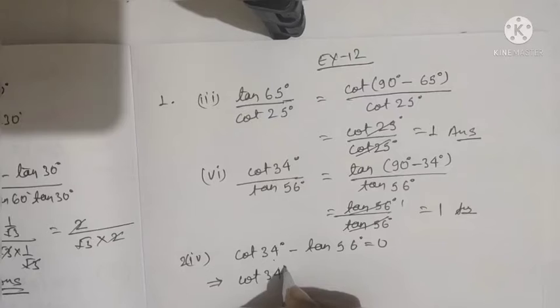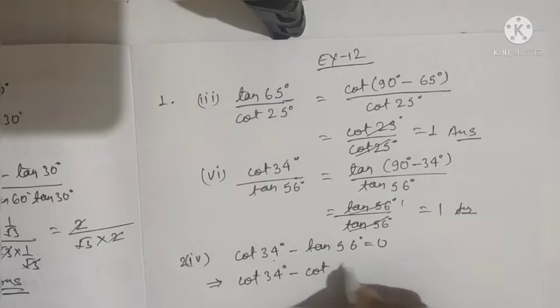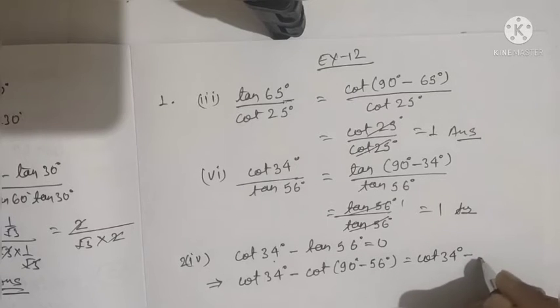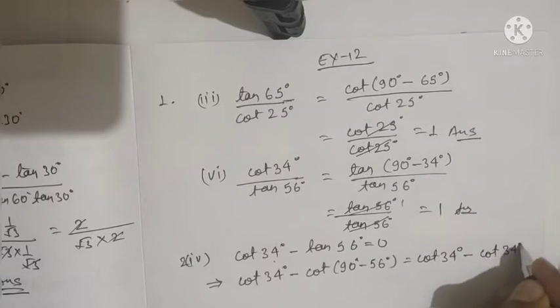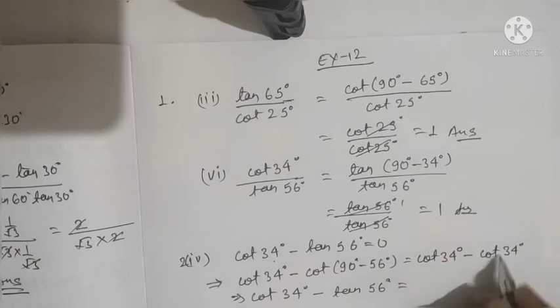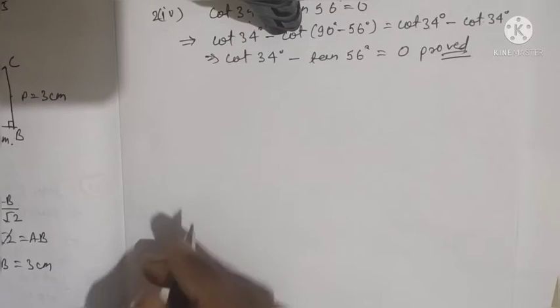So cot 34 degree minus, as we know that tan theta is equal to cot (90 minus theta), so it will be cot (90 degree minus 56 degree), which gives cot 34 degree minus cot 34 degree, because 90 minus 56 is equal to 34. That implies cot 34 degree minus tan 56 degree will be equal to this minus this, which becomes 0, hence proved. Easy, right?